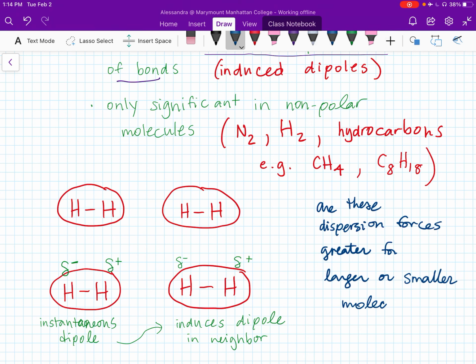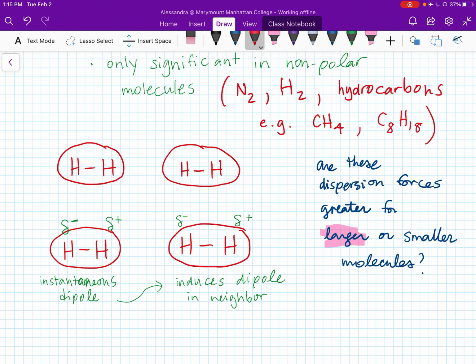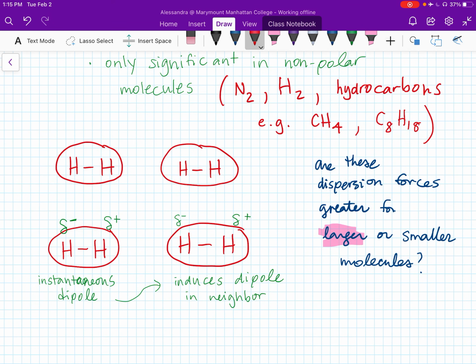Well, London dispersion forces depend on electron distribution being asymmetrical. And larger molecules are going to have more electrons in them, right? Larger molecules, more atoms, more electrons. The more electrons you have, the more likely they're going to exist in an asymmetrical charge distribution. So the more likely they're going to be polarizable. So larger molecules, because they have more electrons, are more polarizable.